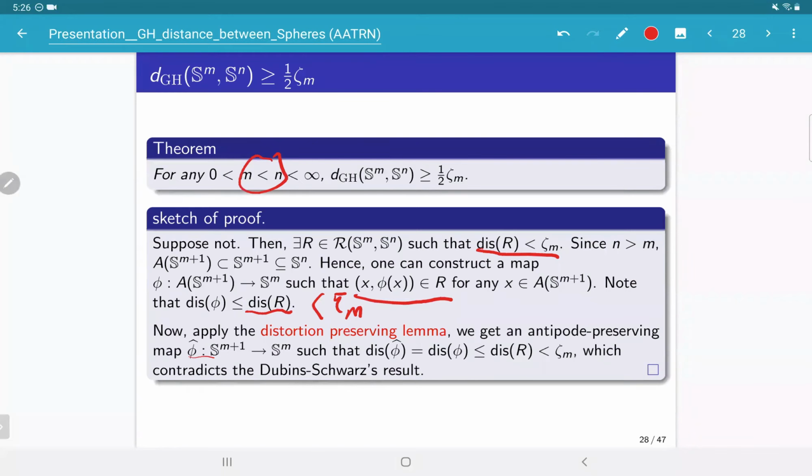Therefore, this result contradicts the Dubins and Schwarz Borsuk-Ulam theorem. Therefore, we can conclude that for any correspondence R between S^m and S^n, the distortion of R must be greater than or equal to zeta sub m. And since R is arbitrary, we can conclude this lower bound.